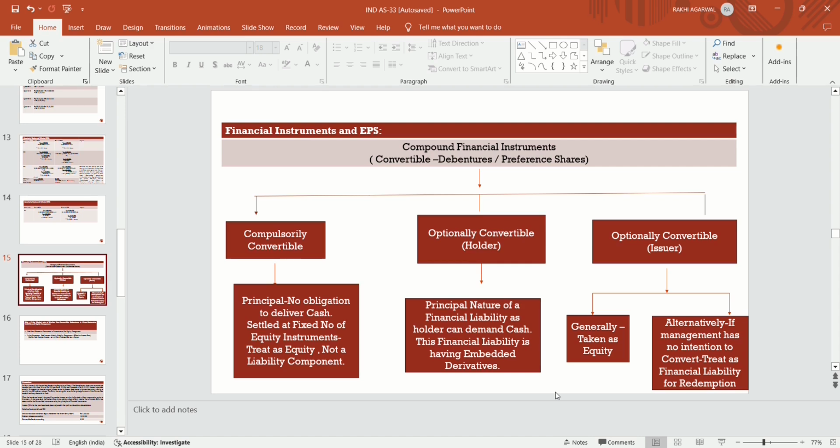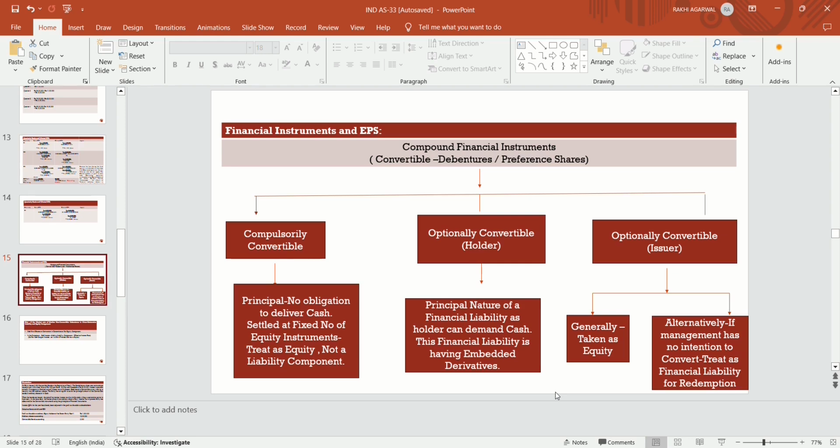If anybody wants a detailed discussion about financial instruments, they can check out that video. But today we are just going to discuss financial instruments for calculating the EPS.